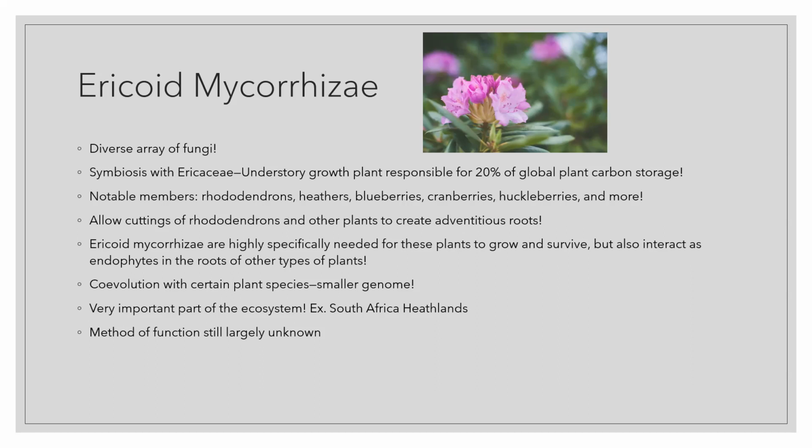Yes, exactly. And the really interesting thing about this coevolution, which has taken place since at least the beginning of the Ericoid evolutionary branch, is that these Ericoid mycorrhizae actually have a smaller genome, because the plants compensate for some of their needs. Yeah, so it's kind of like mitochondria. Yeah, exactly.